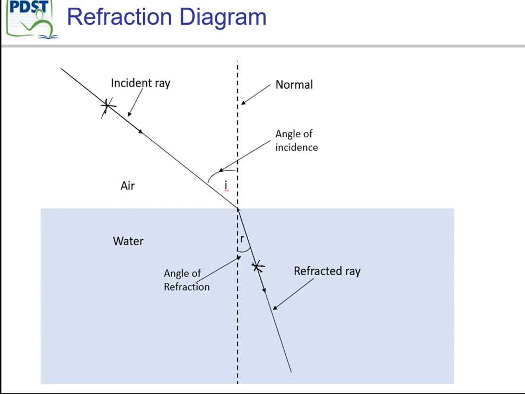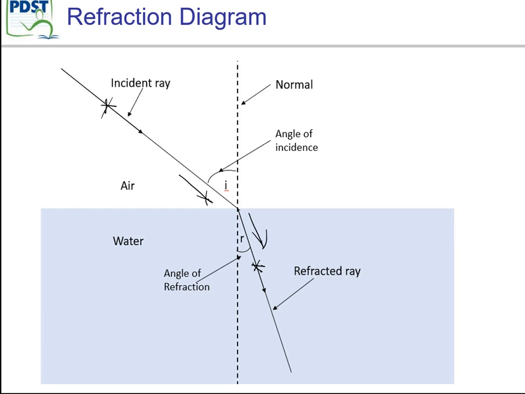The incident arrow has a direction going forward to a surface. The refracted arrow also has the direction going forward, but that is from the surface. So this is to the surface. This is from the surface. So we need to take note of that.